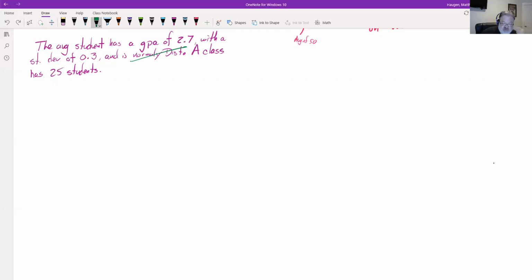So if it wasn't normally distributed, and we said the class had 25 students, and somebody said, what is the shape of the sampling distribution? We don't know. It's probably pretty close to normal, but it might not be normal for all we know, and we don't have enough information to say that.